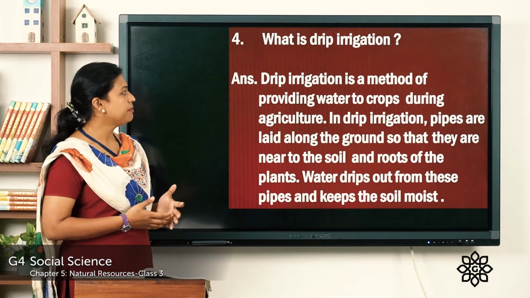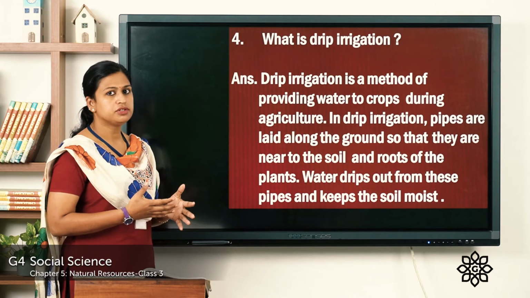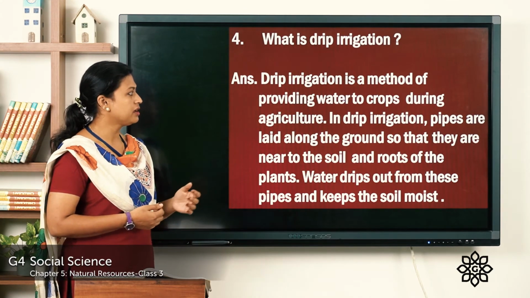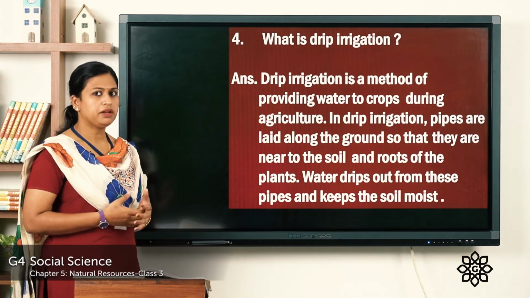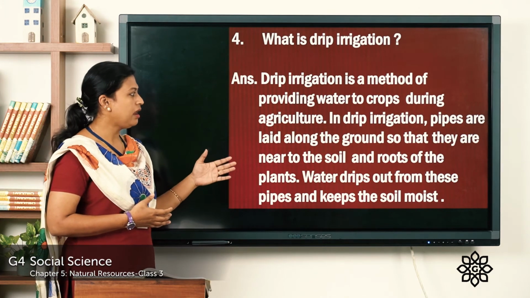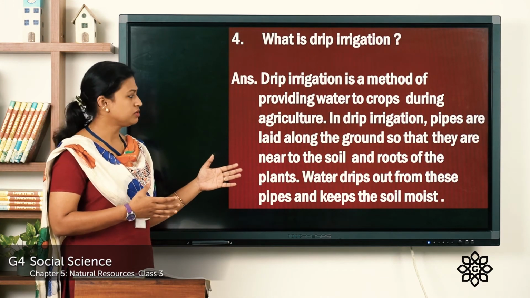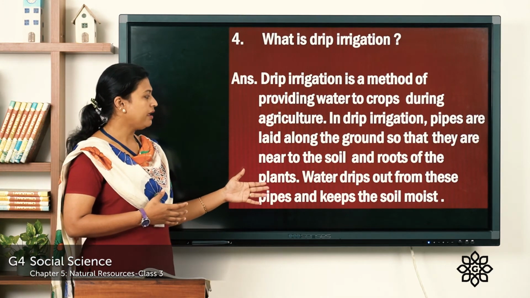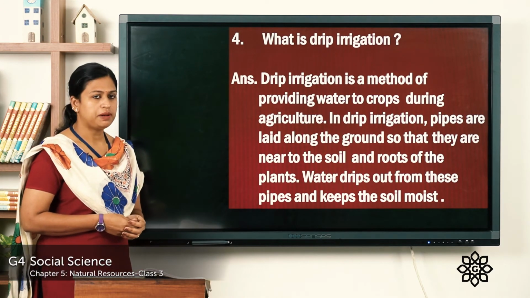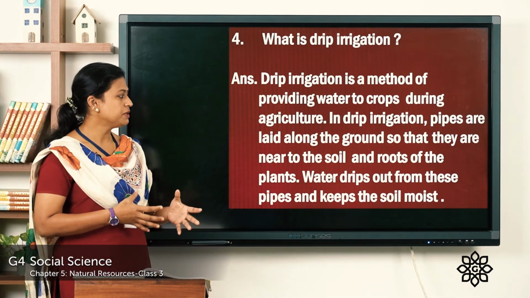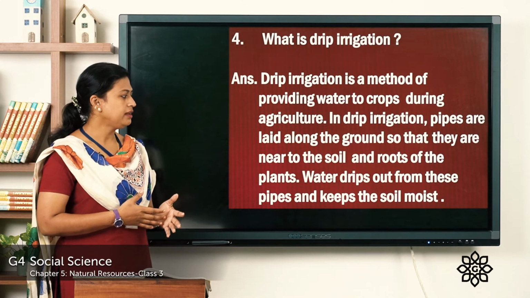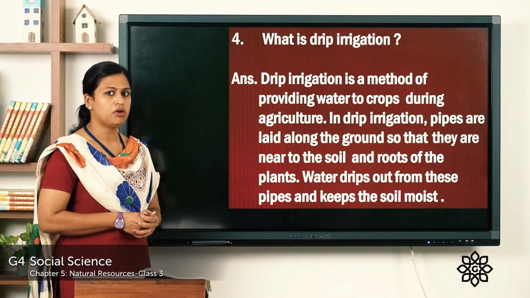Drip irrigation is a method of providing water to crops during agriculture. In drip irrigation, pipes are laid along the ground so that they are near to the soil and roots of the plant. Water drips out from these pipes and keeps the soil moist.